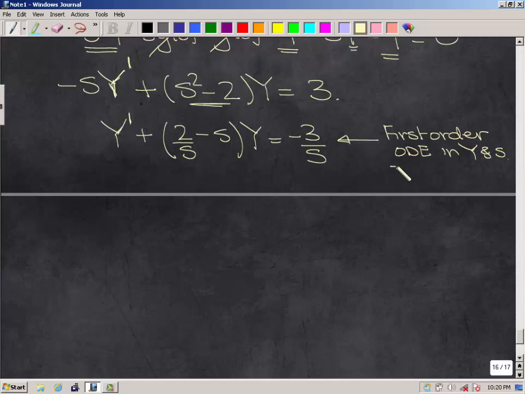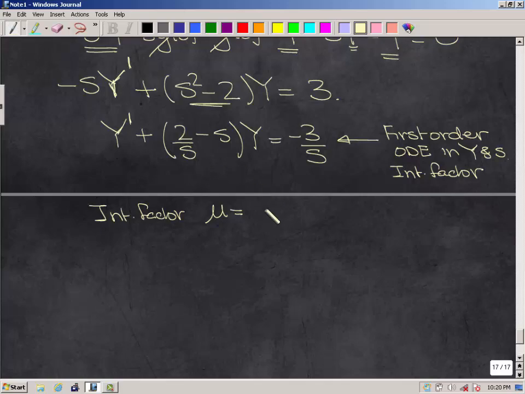We can use integrating factor method that we did in chapter 2. Okay, so let's quickly do that. To do the integrating factor, we called it mu, if you recall that, and we ended up with what?